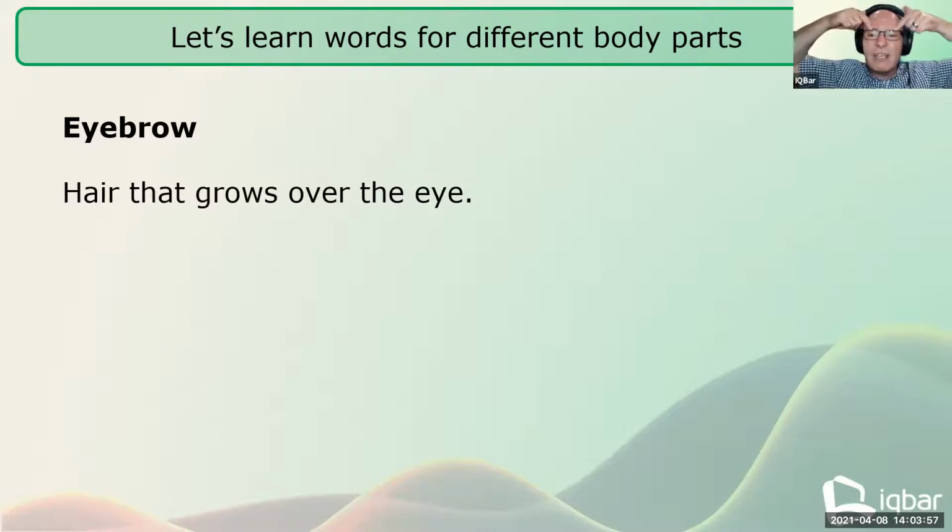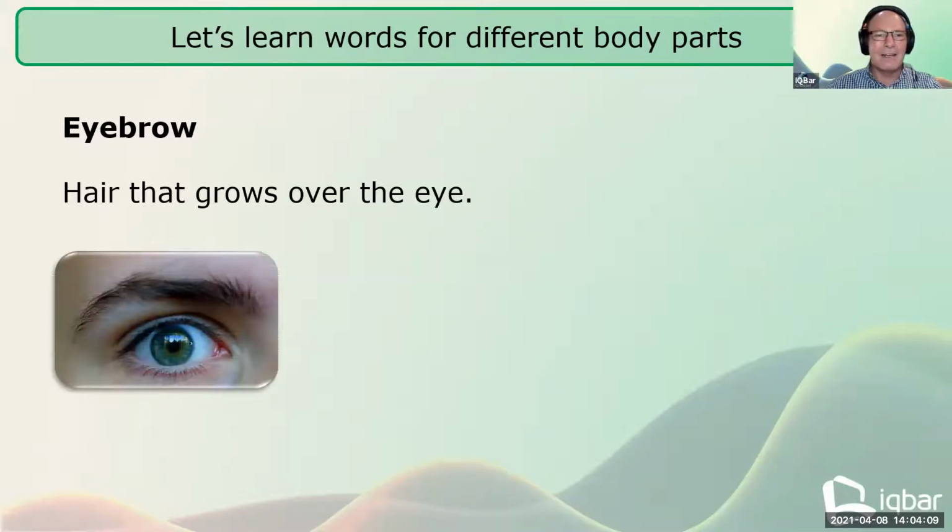You can feel they are tiny, short hair, and they are over or above our eyes. Just like in this picture, you can see this person's eyebrows that grow over the eye. So it means on top of the eye.